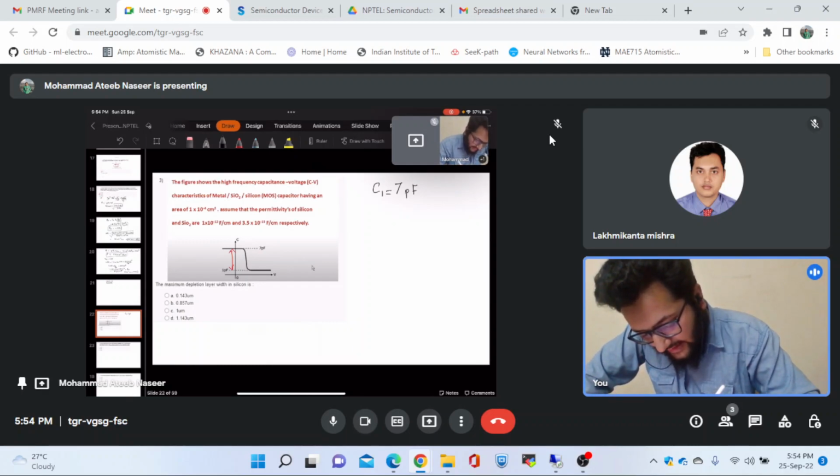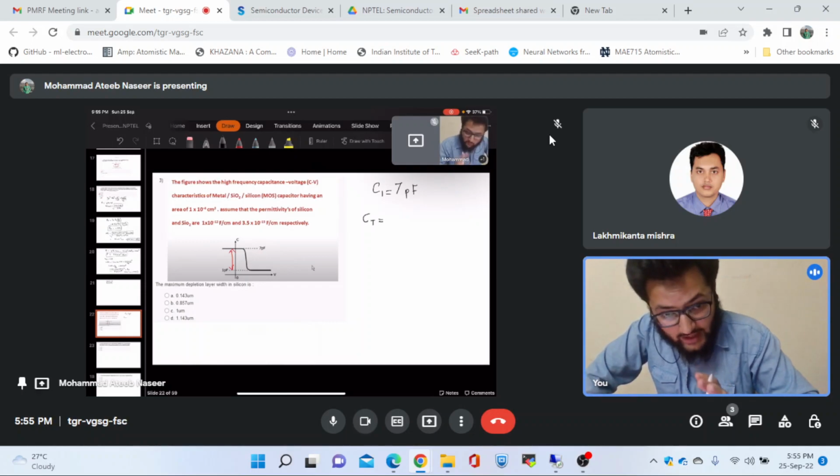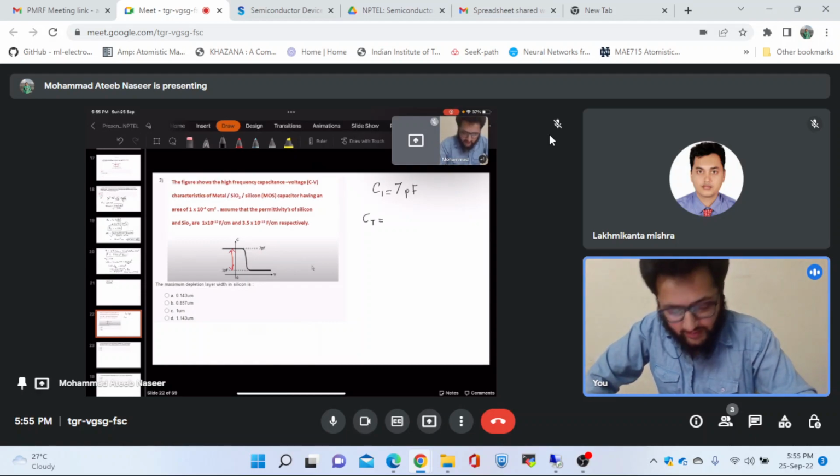So the 1 picofarad is the total capacitance when we have this series combination of the oxide capacitance and the depletion capacitance.